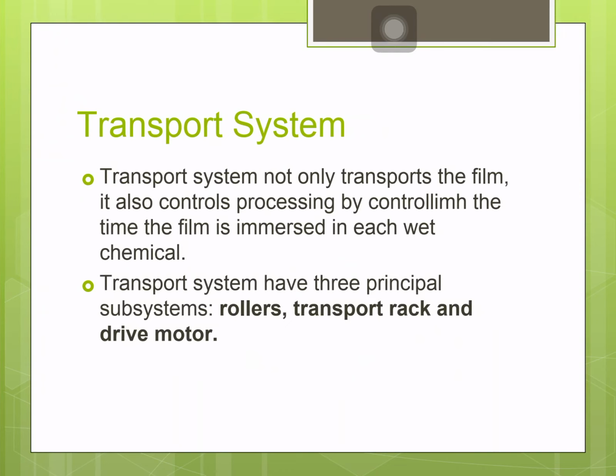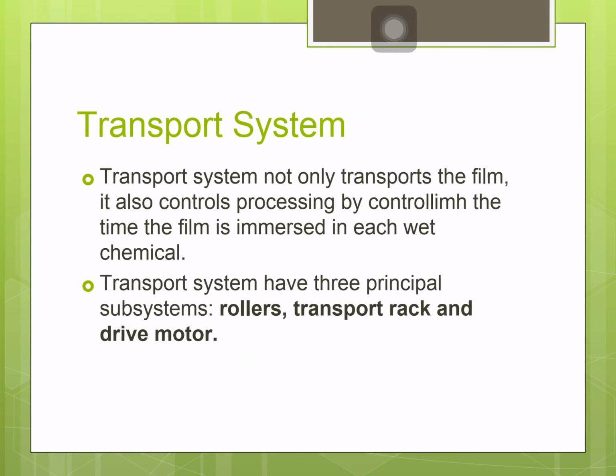So, transport system not only transports the film, and it also controls the processing by controlling the time the film is immersed in each wet chemical. So, the transport system, hindi lang basta nagpapass or hindi lang siya tumutulong sa film na mag-pass through the different tanks, but this also controls the time.